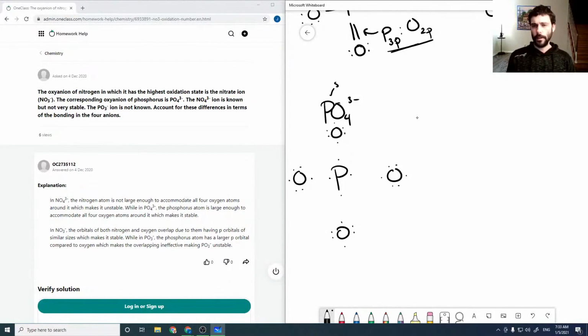So we've got 5 valence, 6 times 4 equals 24. So that's 24 plus 5 is 29, and then it needs a 3 negative charge, so that's 32 total. I'm going to go ahead and give these guys their doubles. And I am missing 1 from phosphorus, so I'm going to give it to this guy here as well.